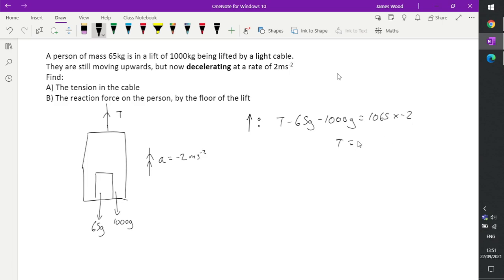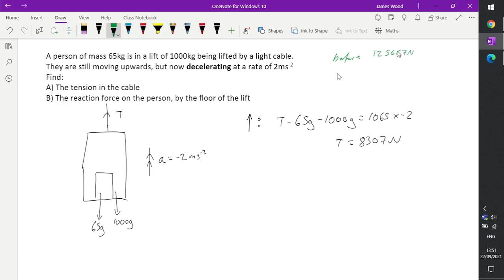Okay, so let's work out what answer we get. So I get 8,307 newtons. Okay, now the answer we had previously, when it was accelerating upwards, was 12,567 newtons.